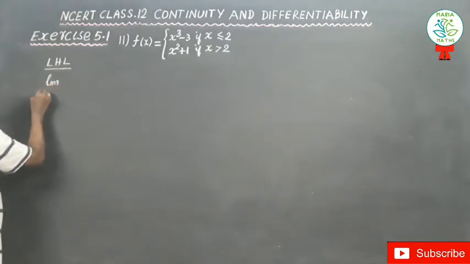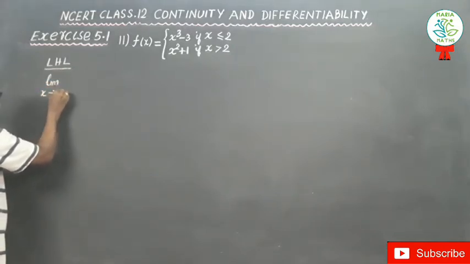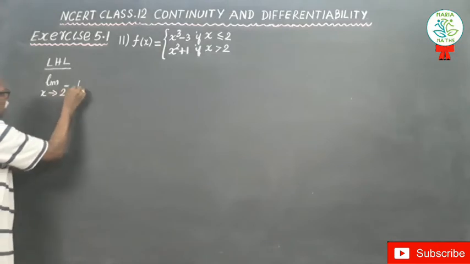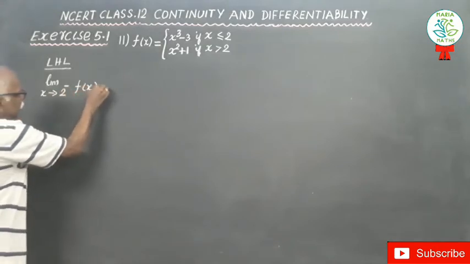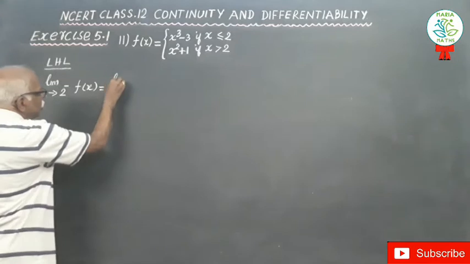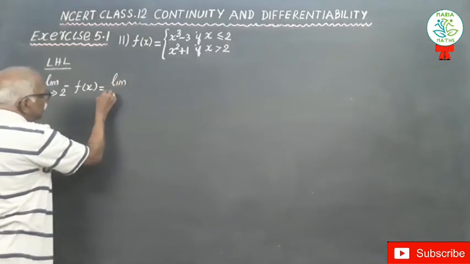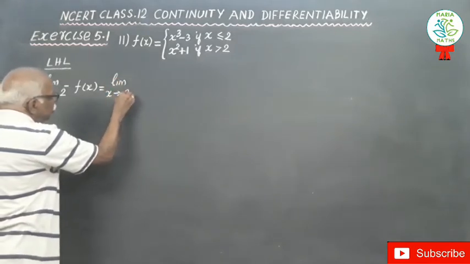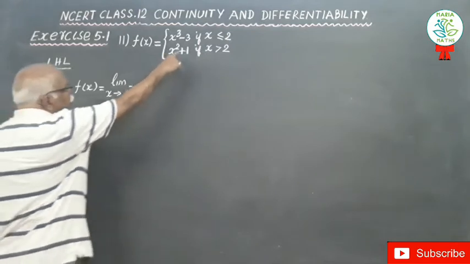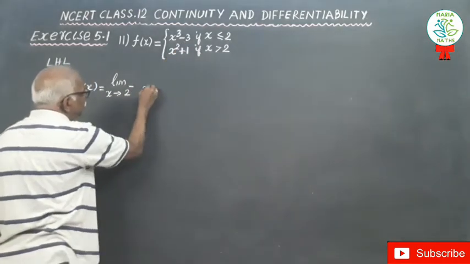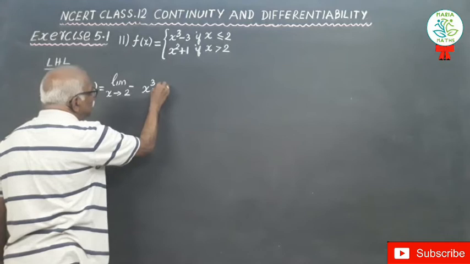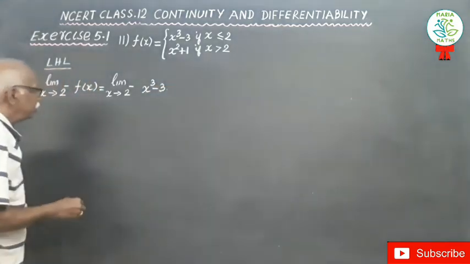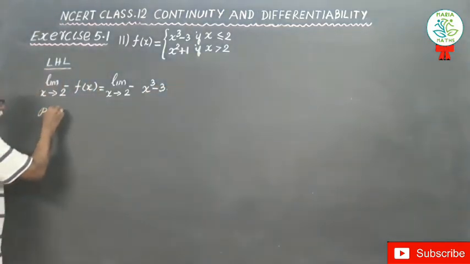Limit x tends to 2 minus f of x is equal to limit x tends to 2 minus. 2 minus means this x cube minus 3.